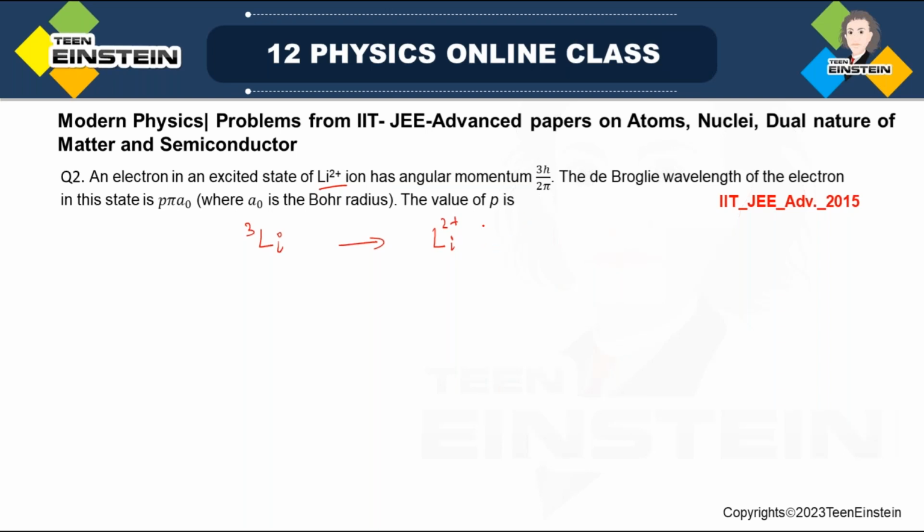That means we can use Bohr's theory upon it. Okay, so hydrogen-like atom, H-like atom. We can use Bohr's theory, because Bohr's postulates and so on, for calculating energy and all those things, we can use only for hydrogen atom.